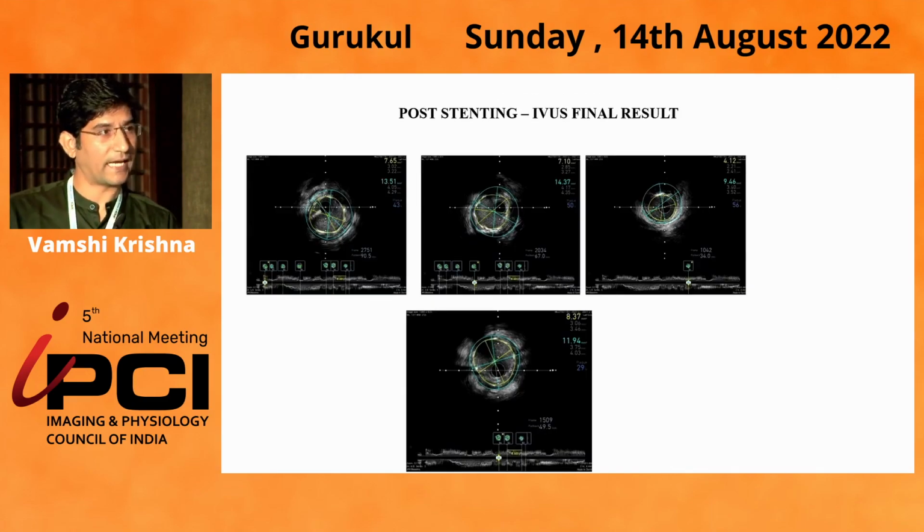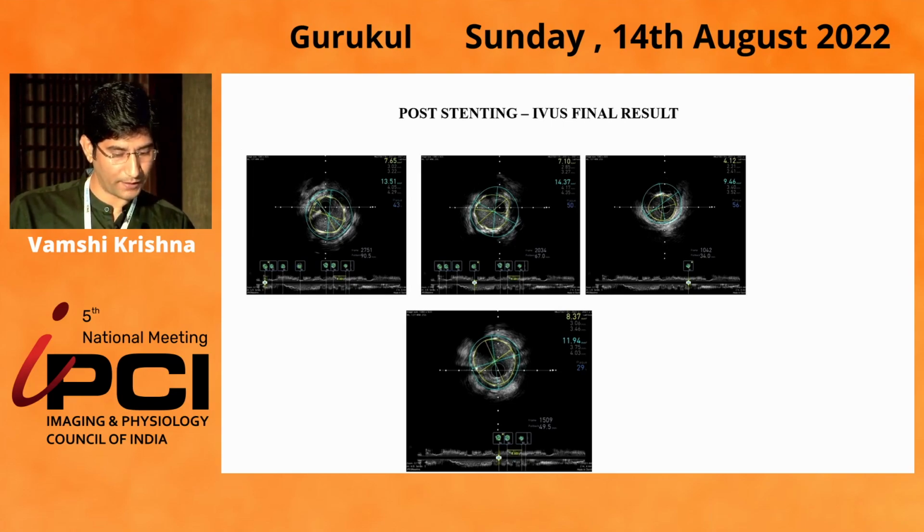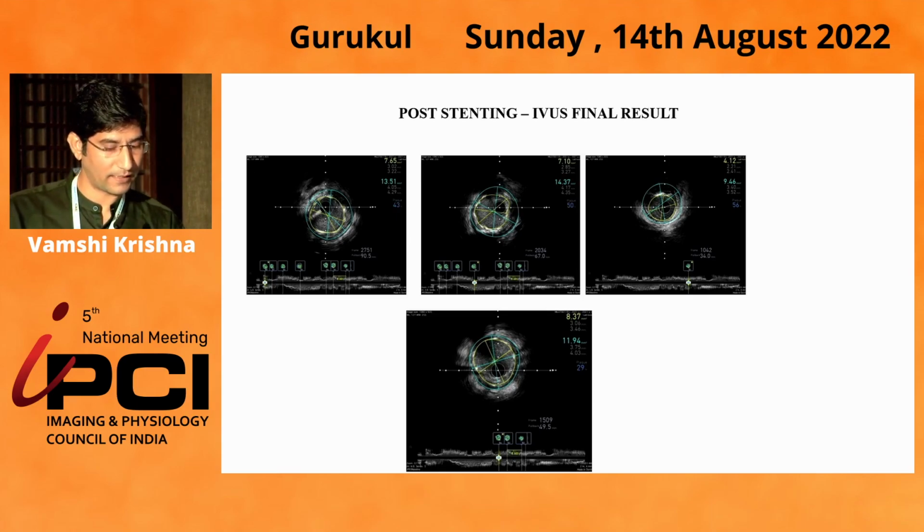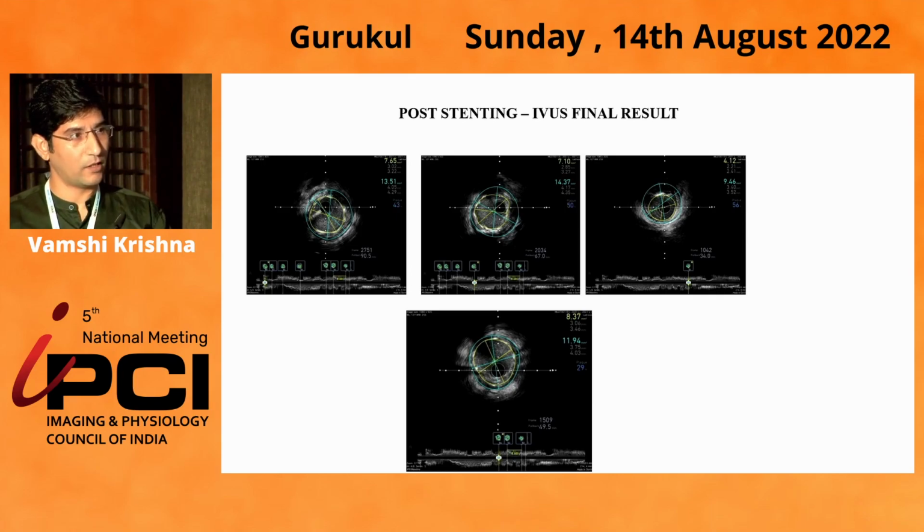After post-stenting, on the IVUS result, we got areas of around 7.65, 7.10, 4.12 and 8.37, which were increased from the tight lesion, where they were around 3 and 4 in the previous IVUS results.